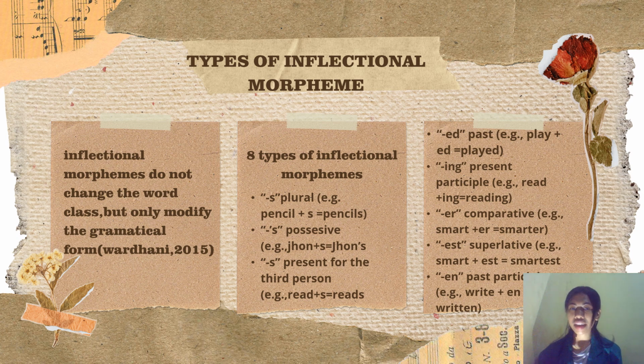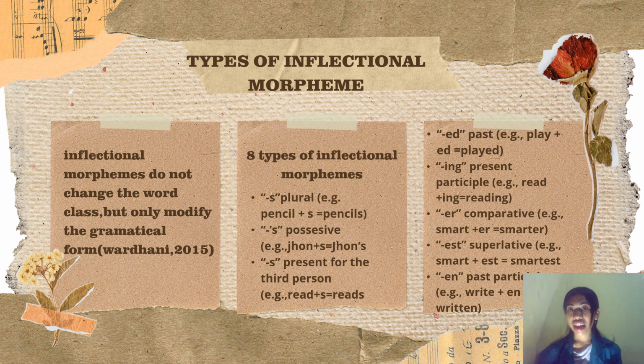It indicates ownership. And then s as present for the third person. For example, read, and then adding s becomes reads. It indicates an action done by a third person in the present.